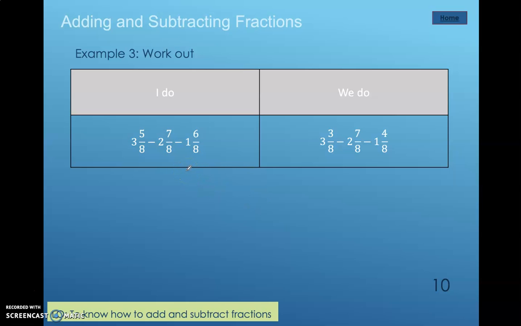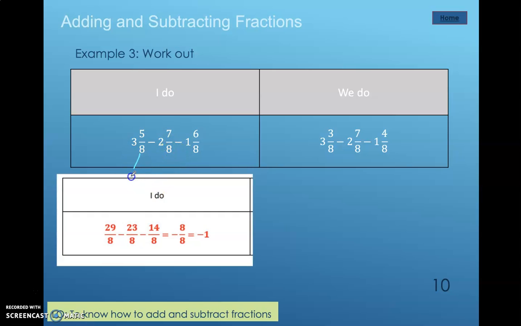So now, we're a little bit more complicated. We have more than one fraction now, more than 2 fractions, sorry. So let's have a look at the first one. Again, we're just turning them improper, remembering to maintain the symbol. And now we have all the denominators the same.